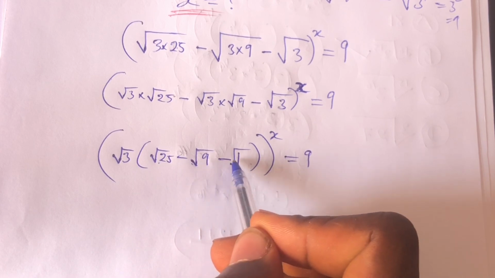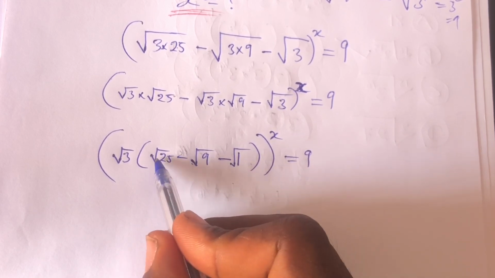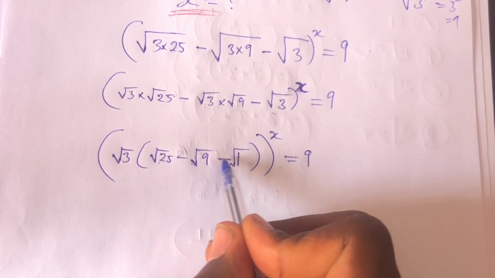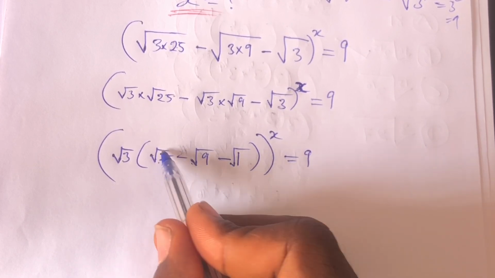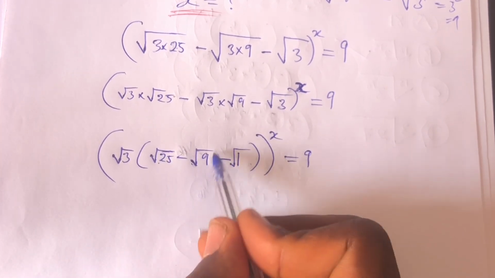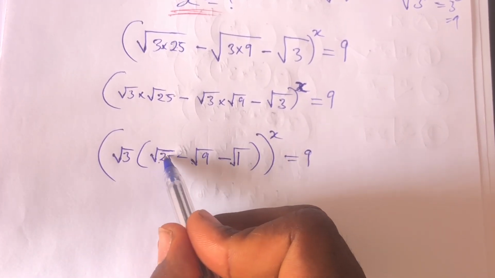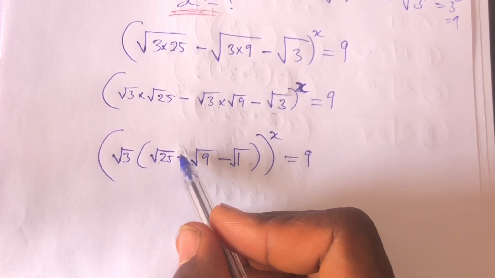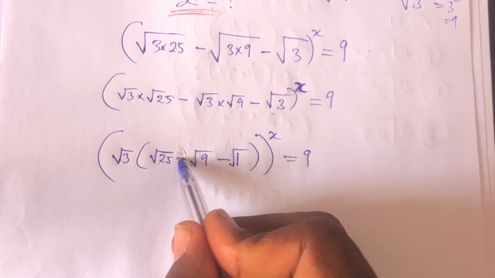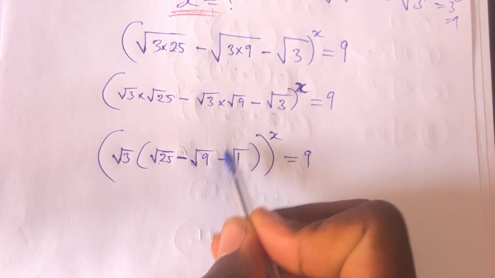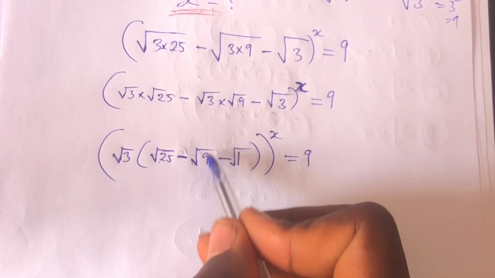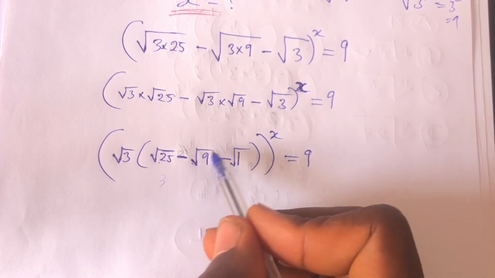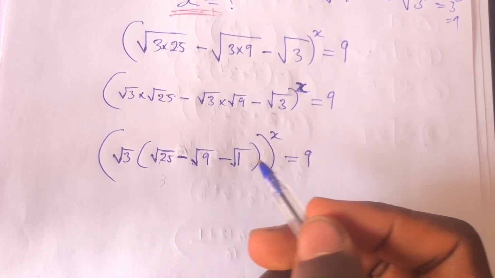Because this is subtraction, we cannot subtract square root of 9 from square root of 25 directly like this, unless we evaluate it and find the decimals. If we put it in decimal, we can do what we have to do.